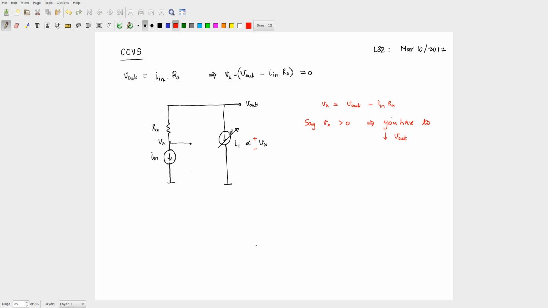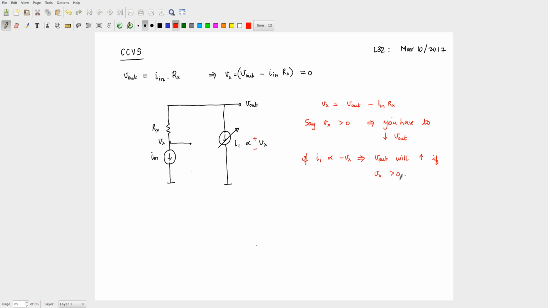You are going to pump current into V out. If I1 is proportional to minus Vx, V out will increase if Vx is positive, correct? So does that solve our problem?